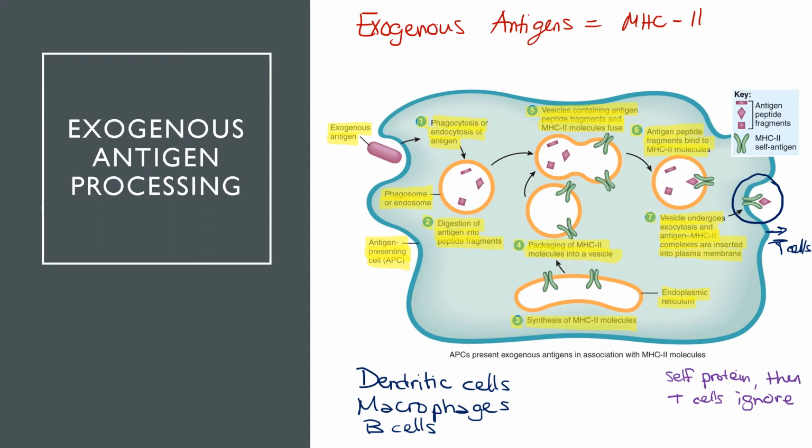But if it's from anything other than a self peptide, then the T cells know that they have to set up a combative action and start fighting off this exogenous antigen, because it's presented with an MHC2 molecule.